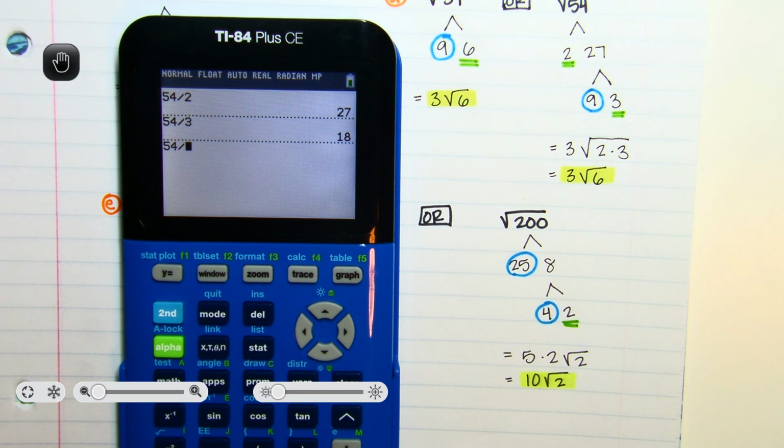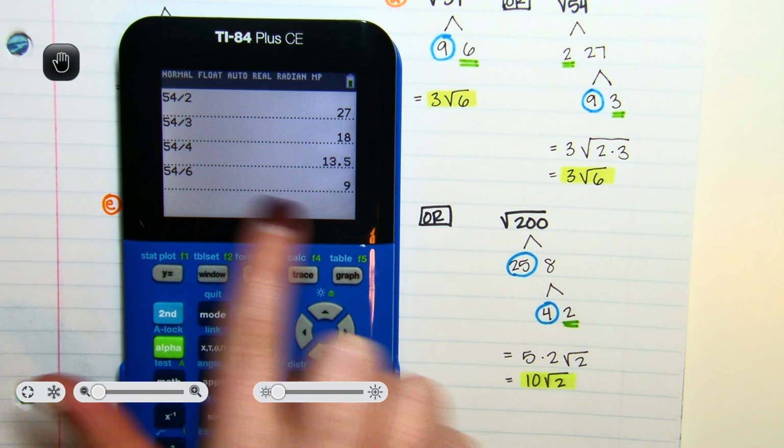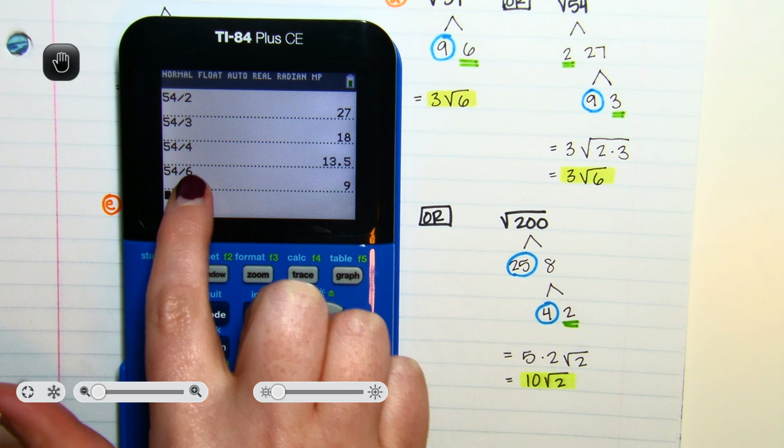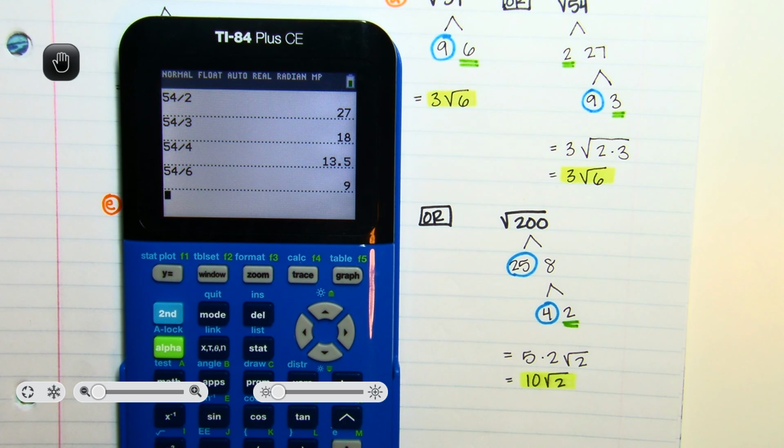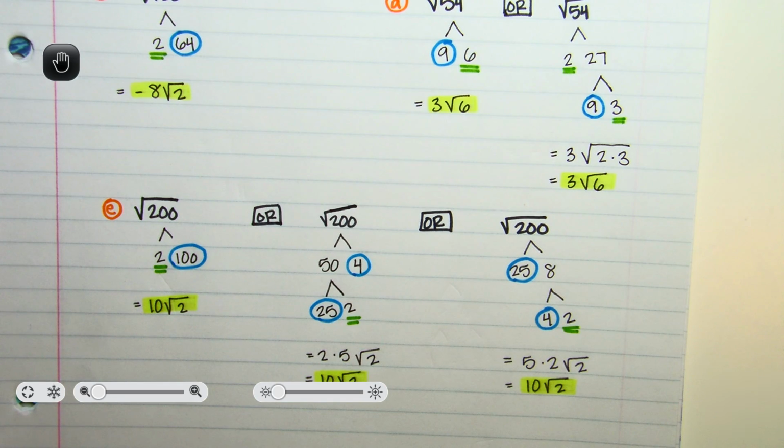Or 54 divided by 4 does not go in evenly. 54 divided by 5, I know 5 is not going to go in. So divided by 6, that goes in 6 times 9. So you could look at that and go, okay, well, 6 and 9, 9 is a perfect square. I'm going to pick that option. So you can use a calculator to double check as well if you're not sure what numbers go in.